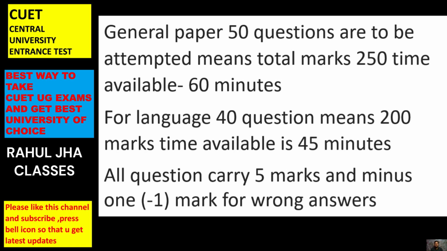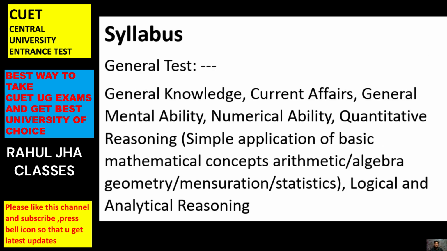Now for language, 40 questions means 5 marks for each question, that is 200 marks, and the available time is 45 minutes. All questions carry 5 marks and there is 1 mark deduction, that is -1, for any wrong answer. If you don't attempt any question, there is no negative marking.